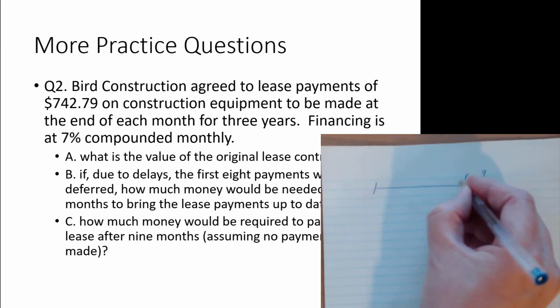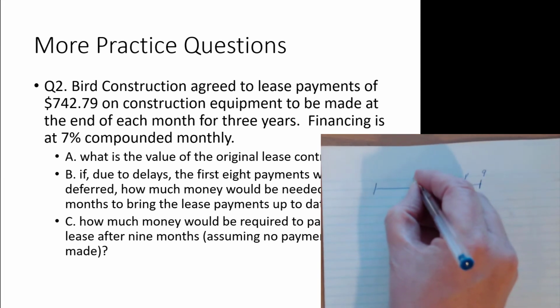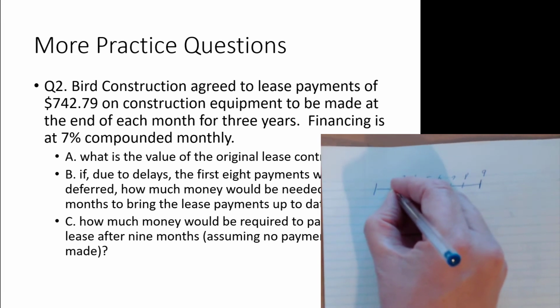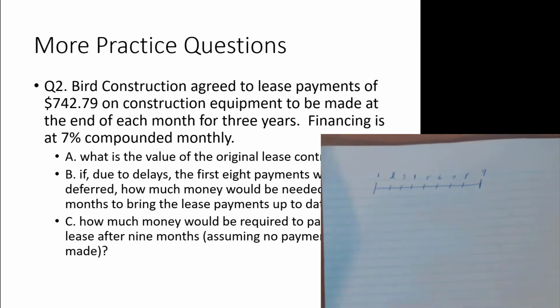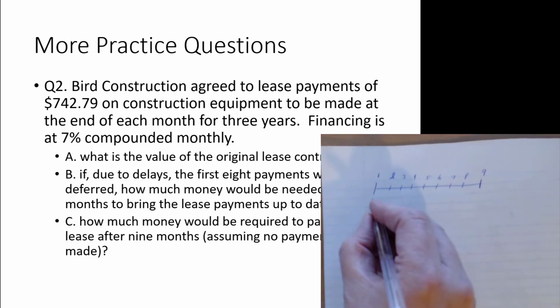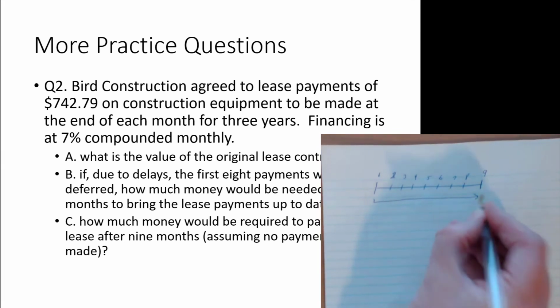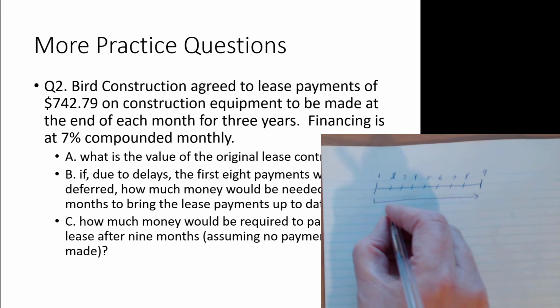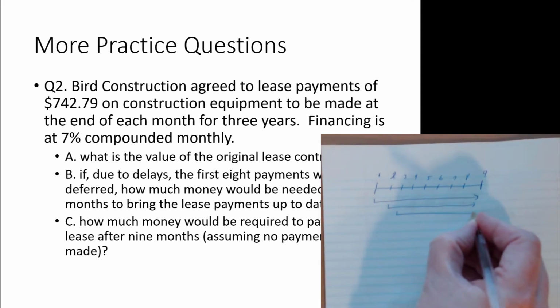We get 9, 8, 7, 6, 5, 4, 3, 2, 1. Right? And we have these $742.79 payments. Well, that first missed payment is still going to be accumulating interest until it gets paid at the end of month 9. Same with the second payment, same with the third payment, same with the fourth payment, right?